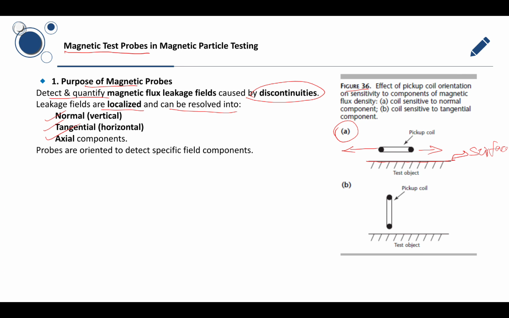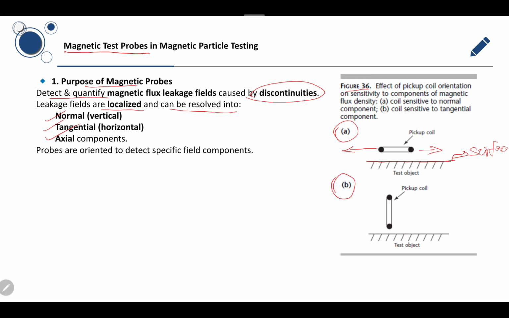It means it primarily detects magnetic flux that is perpendicular to the coil's plane, or normal to the surface. This setup is effective for measuring leakage flux emerging vertically from surface cracks or defects.